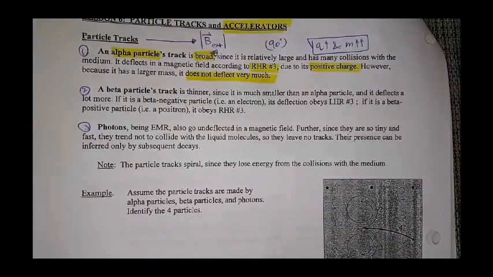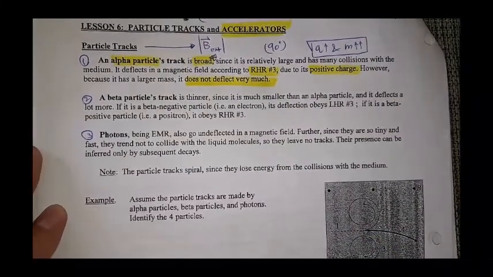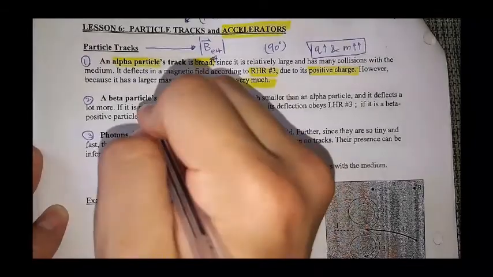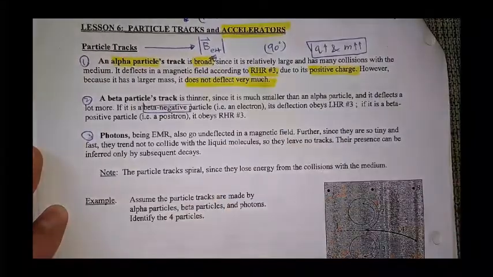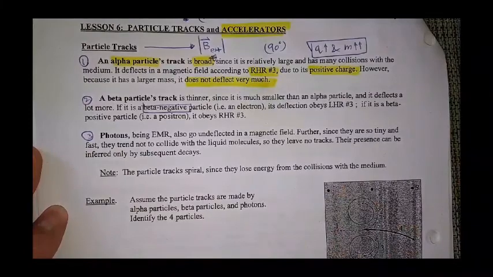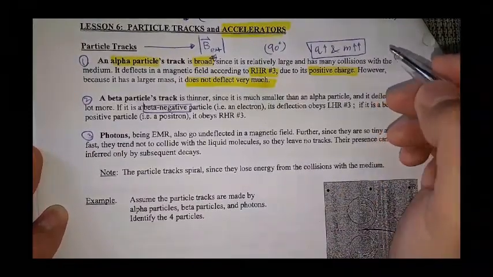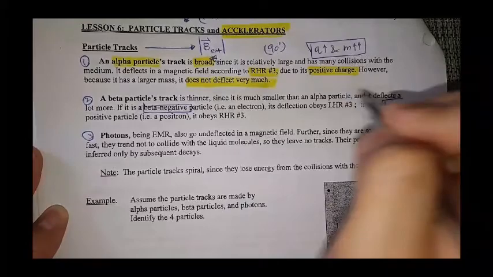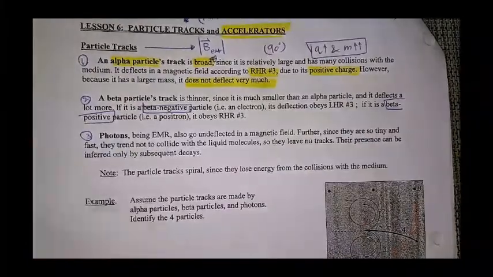Now, beta. You have two type of beta. Beta negative, which is a highly energetic electron, and beta positive, which is what we call it as positron.